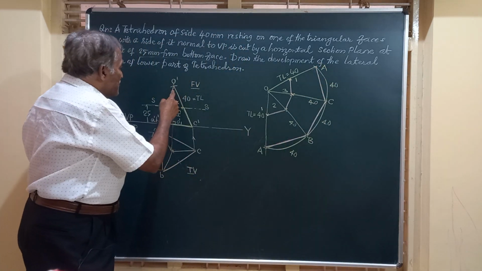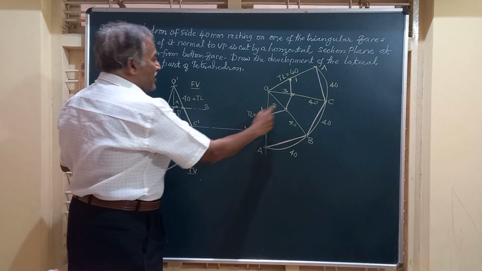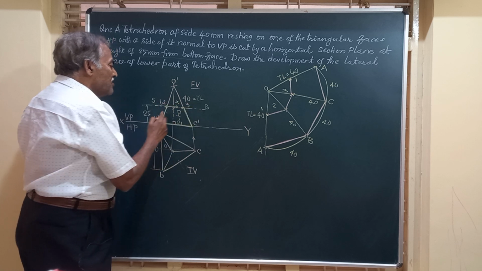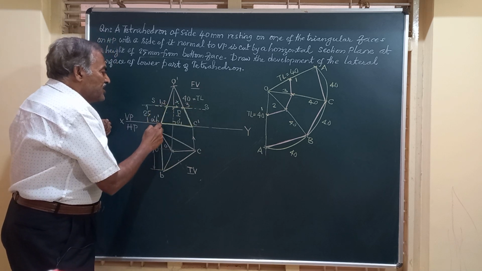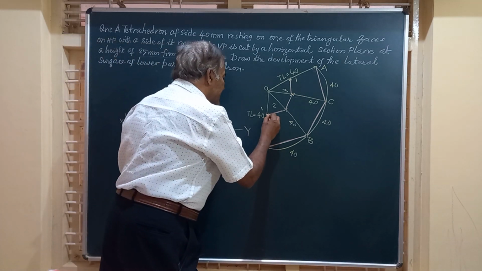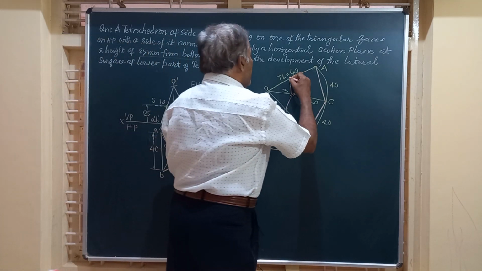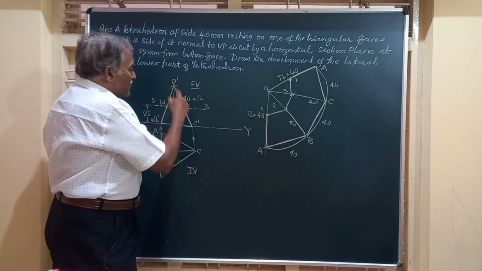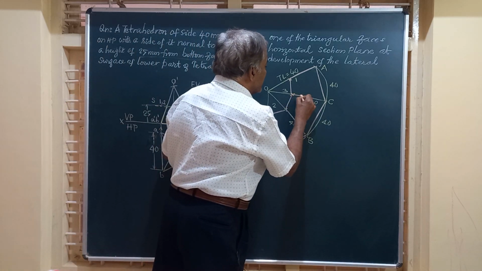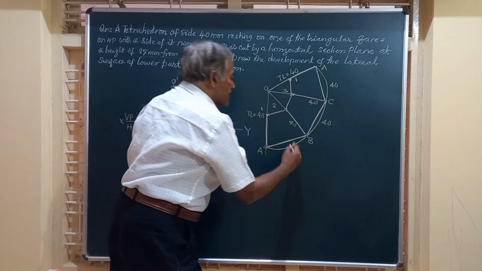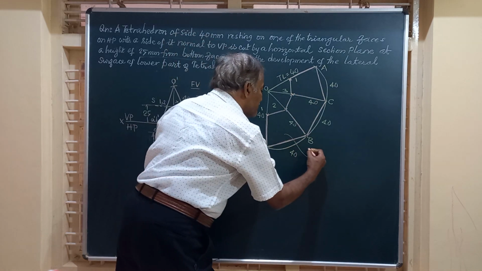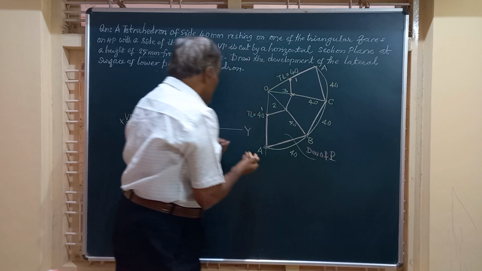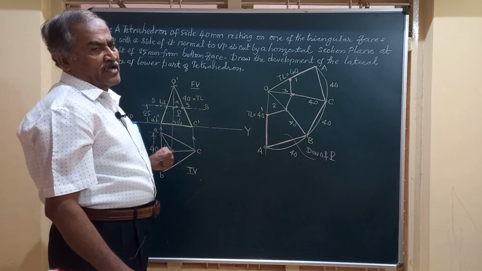And here the portion from here to here, that is points 1 and 2, this is 1 comma 2, and this point is 3. Portion below this, that is 1A and 2B, is retained. Finally, portion OC below this is retained. Friends, this figure shown in dark lines will represent the development of P, the lower part of the tetrahedron.